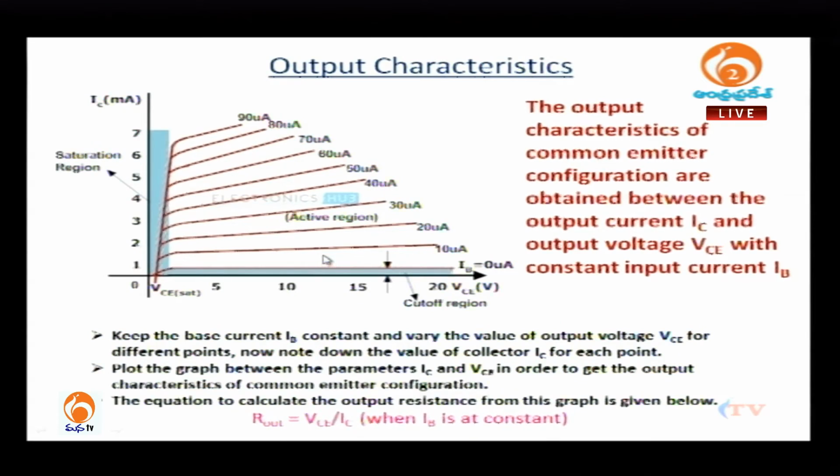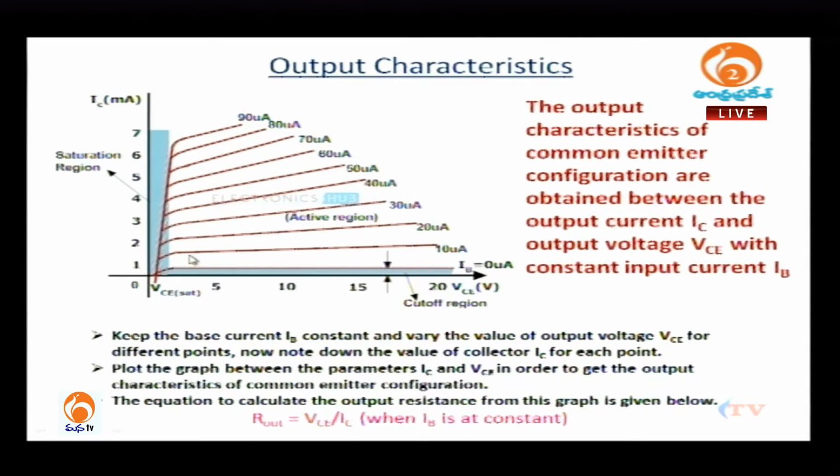But we know that emitter current is equal to base current plus collector current. So, in order to maintain emitter current constant, since the base current has reduced, the collector current increases. So, there is a small slope, you can see it like this.